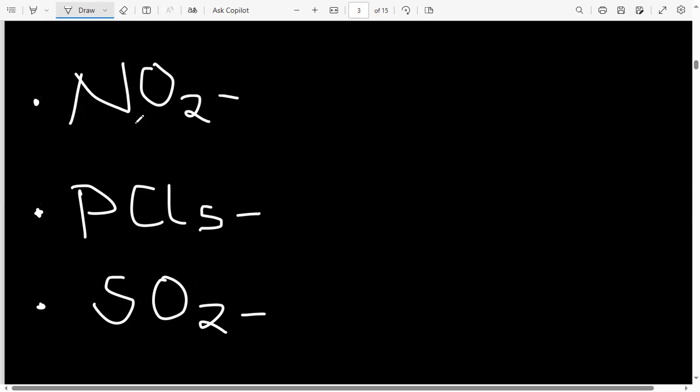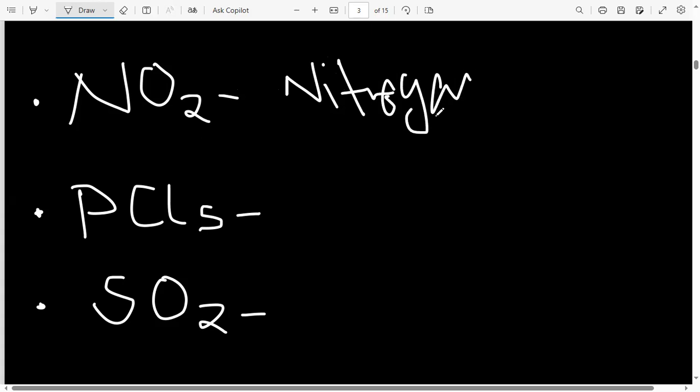But if it's 1 like this, you ignore it. So this is nitrogen. And then for this oxygen, we have 2 of them, so we are going to write di. And this oxygen is at the end, so it will be oxide. So this is nitrogen dioxide.